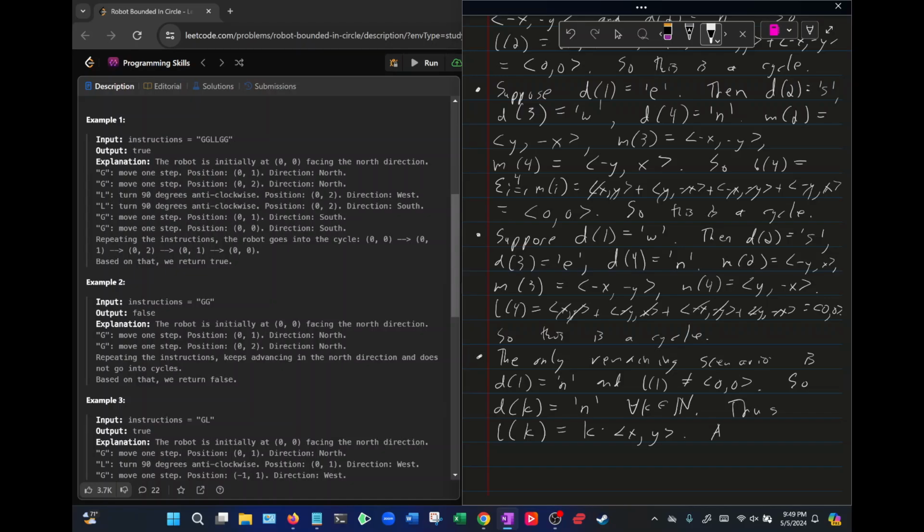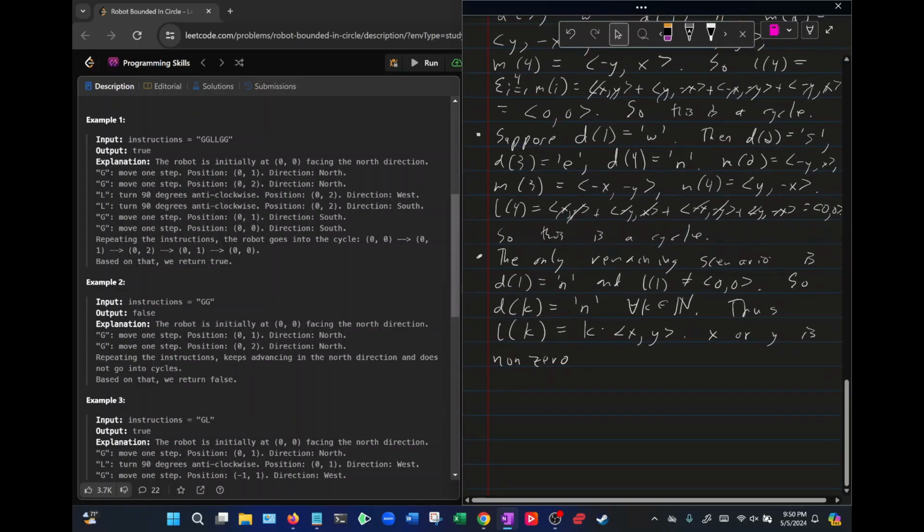Okay. At least, let's say x or y is non-zero. Why? At least one of x and y is non-zero, because if they were both 0, then we're not in this case. So we've assumed that one of x or y is non-zero.